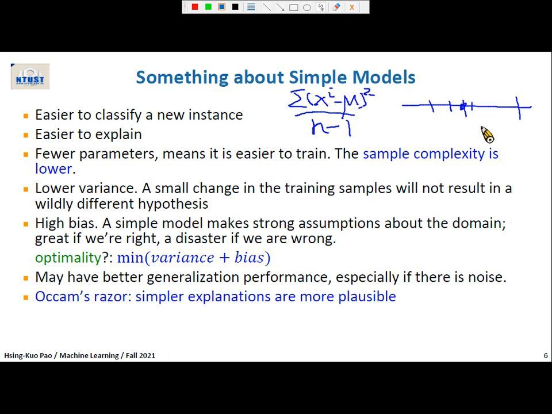You got that? Because if we divide by 5, then this point's distance to the mean is 0.